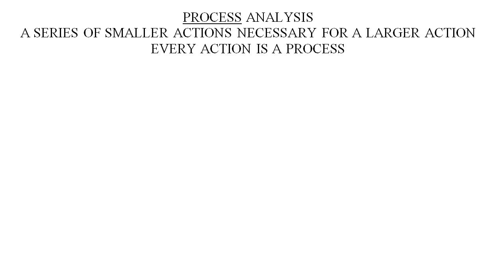That's 6 things you had to do so that you could complete this action. Watching or listening to this video is therefore a process with 6 steps. The smaller actions of turning on the computer and so forth that you had to complete before you could complete the major action of watching or listening to this video.